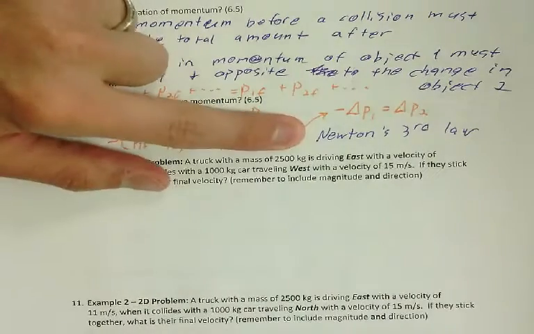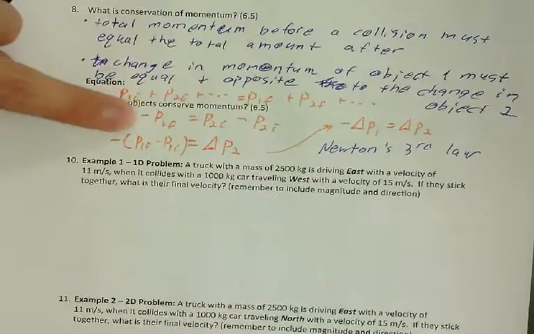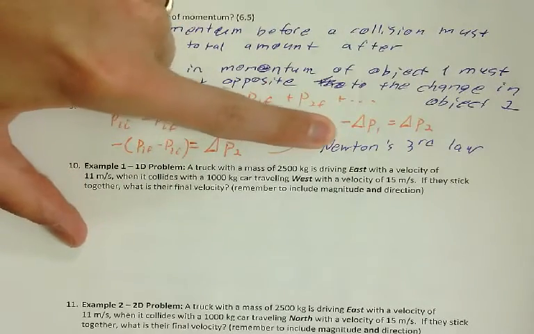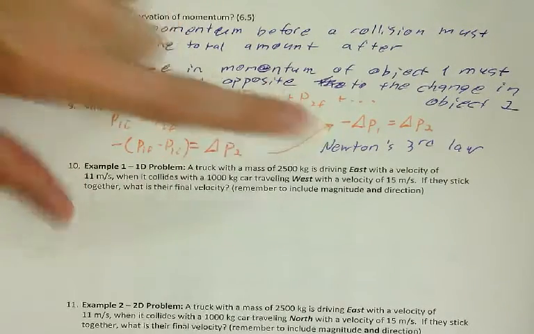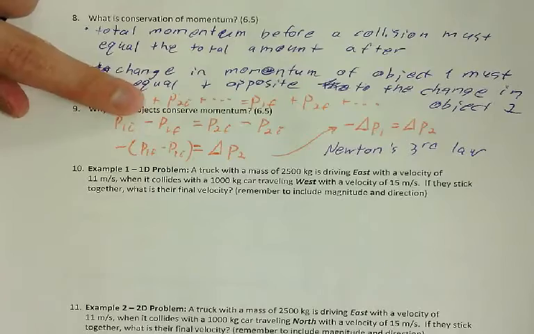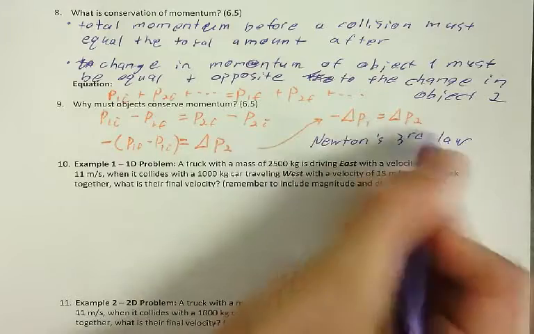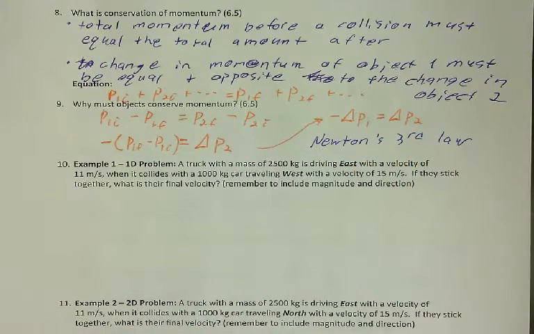Newton's third law. You don't have to be able to do these steps. It's helpful to know that you get to Newton's third law by using conservation of momentum. And when Newton wrote his book, this is how he wrote Newton's third law: negative delta P1 equals delta P2.